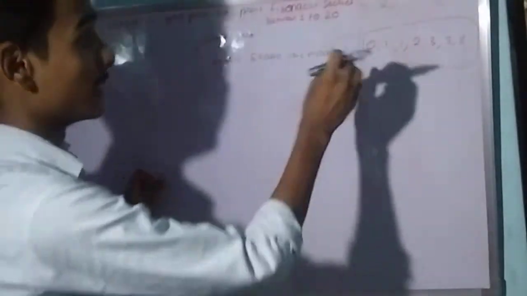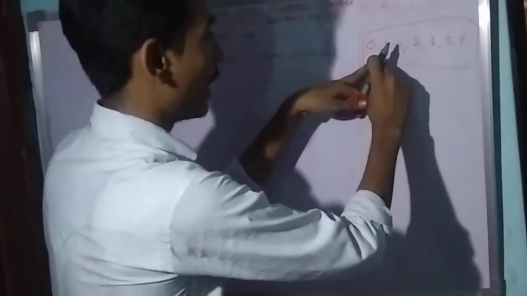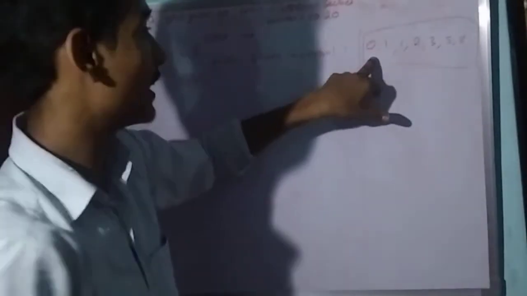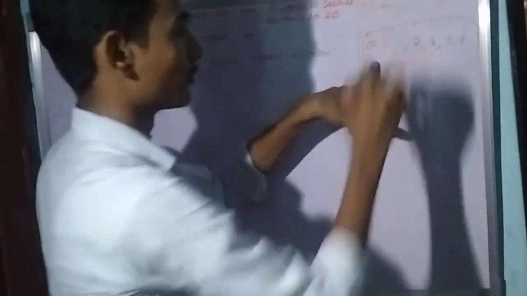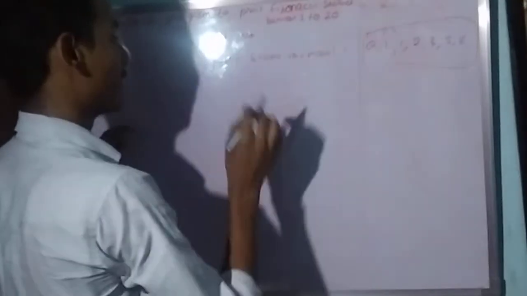Okay. Then see, you have to take variables n1 and n2. We can store this value in n1 and this in n2. First, storing these in n1 and n2 with data type int.